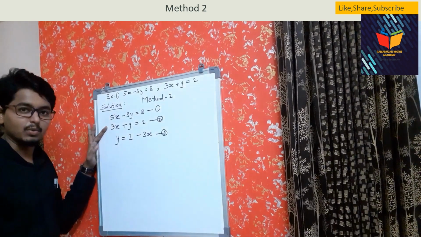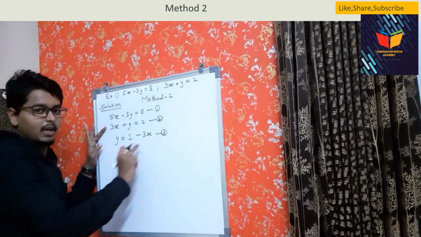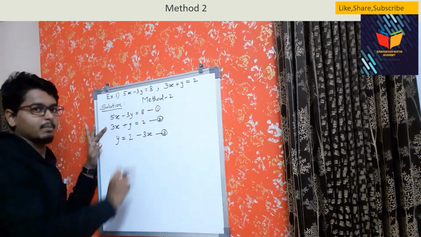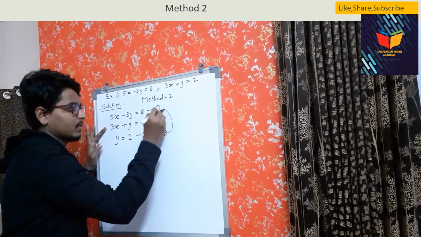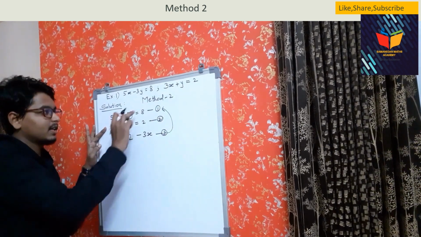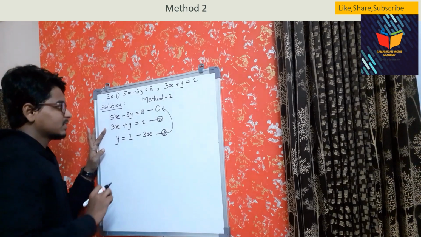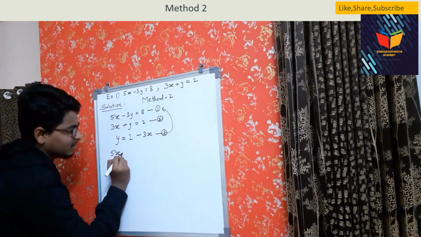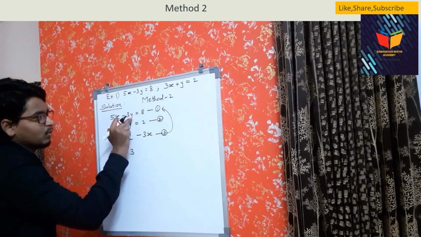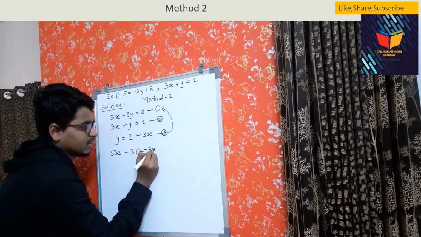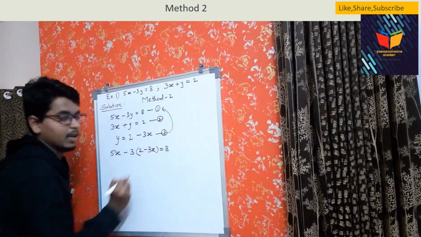Now we have to substitute this value of y, that is 2 minus 3x, in equation number 1. So what happens when we put this value of y in equation number 1? Let's see. 5x as it is, minus 3, now we put the value of y, 2 minus 3x, equal to 8.